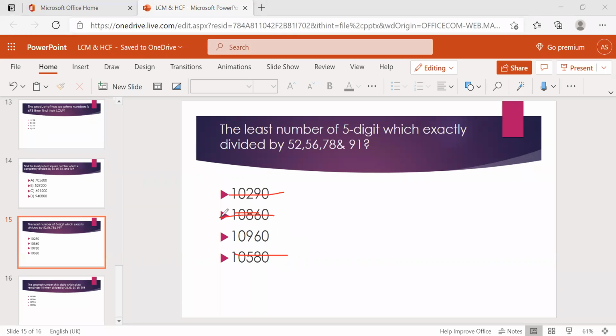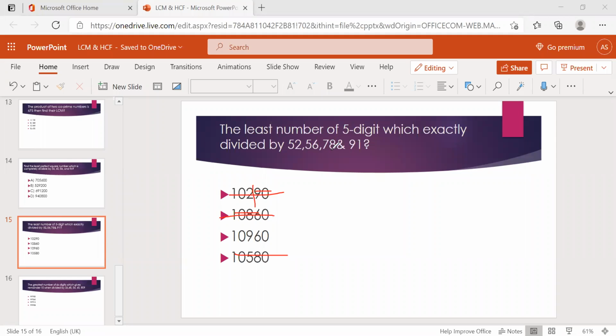Okay, and we can take many numbers, not only 8. Suppose 52 is there, 52 is 13 times 4, so 4 will divide, right? So for 4, the last two digits matter. 90 is not going to be divisible, 60 is divisible, 80 is divisible, right?